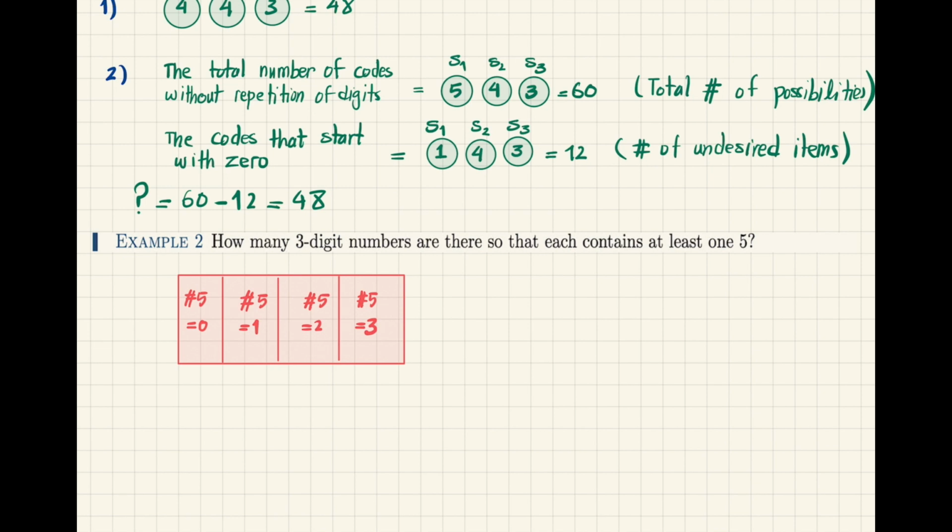So if you want to use the old method, you need to calculate the number of items in each one of these 3 and add them. But you see, the complement is only one part. So this is easier, I would say, if we concentrate on calculating the number of elements here and the total number of elements, and then subtract them.